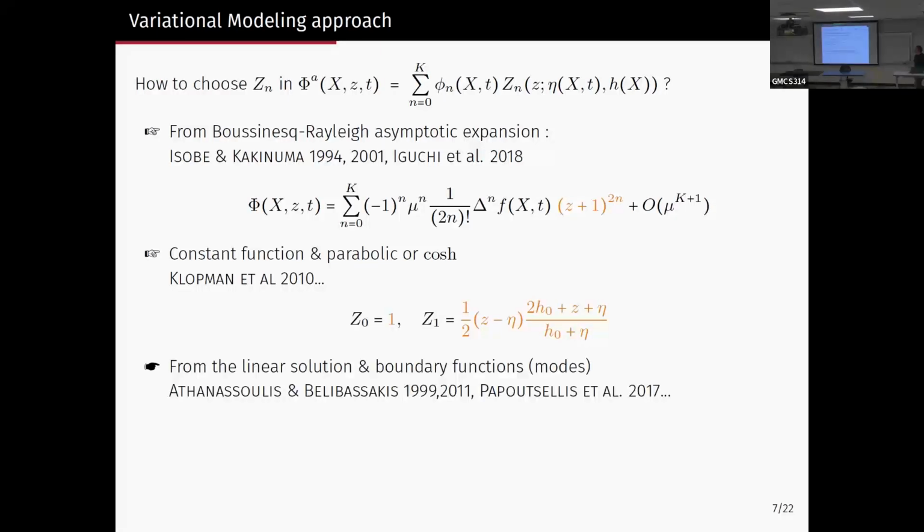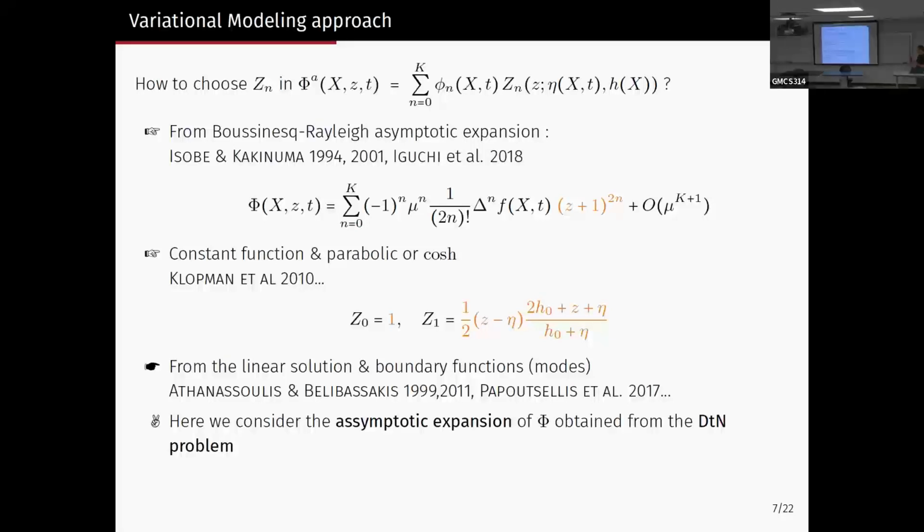You can also work with an ansatz coming from the linear solution and boundary function, which is something I've worked on, extending the work of Athanasoulis and Belibasakis. But here we'll do something a little bit different that actually combines these first two approaches. We will consider the asymptotic expansion of the velocity potential obtained from the DTN problem that I showed you in the first slide.